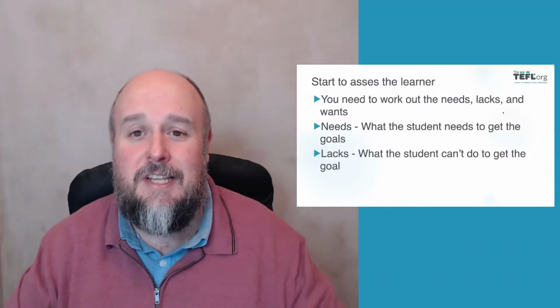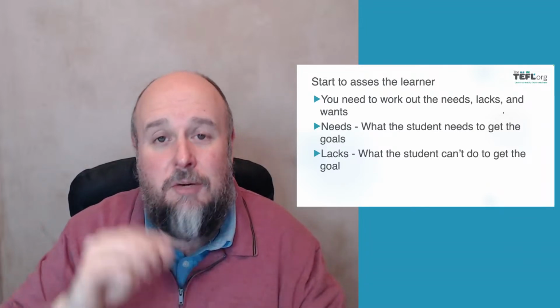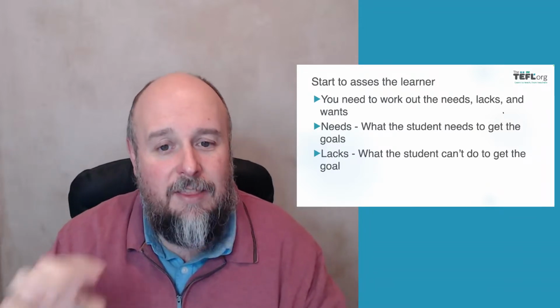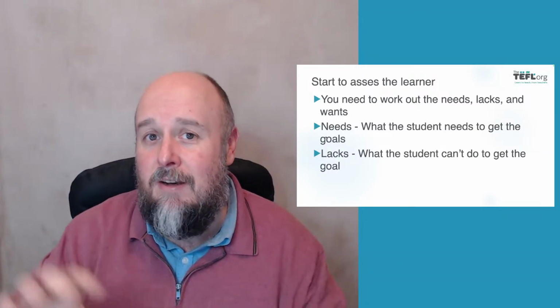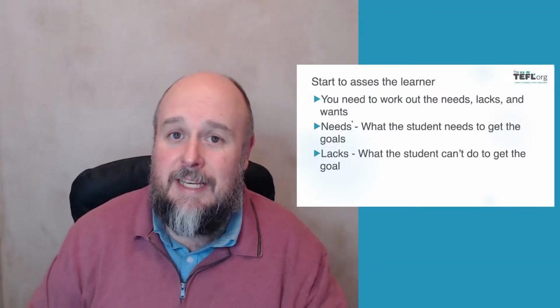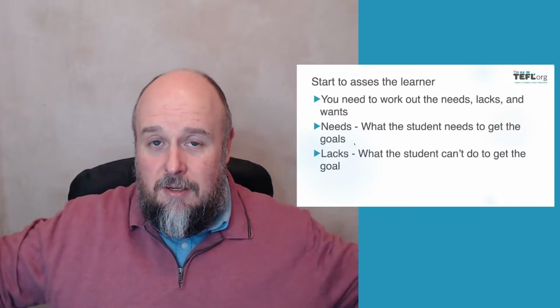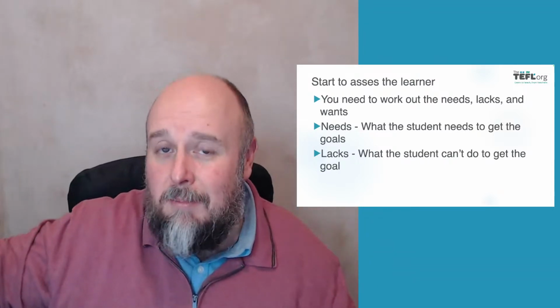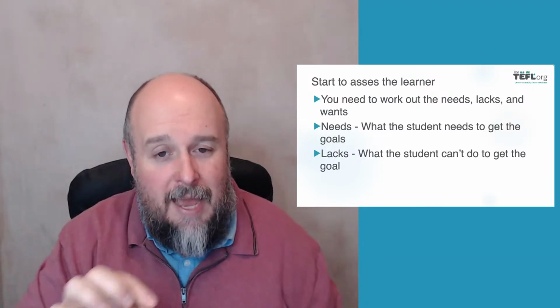With the business English, they might not have the vocabulary needed. You would have to teach the vocabulary. They lack the vocabulary. So basically what they need, and then what don't they have in order to get to this need. Okay. Now the needs could be quite broad, and they might already have some of those needs, but the lacks will be things that they don't have.